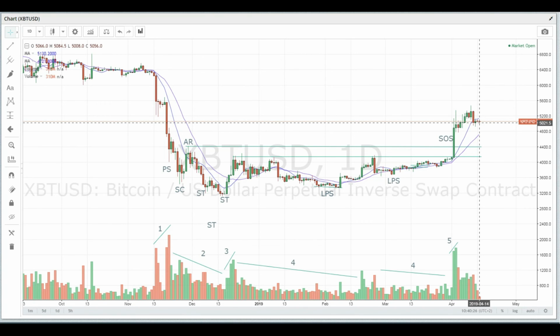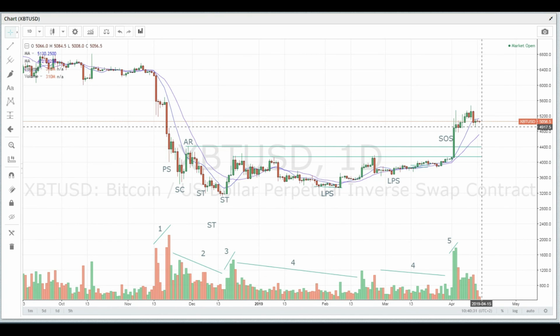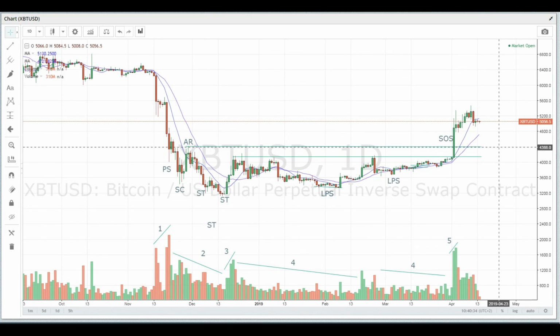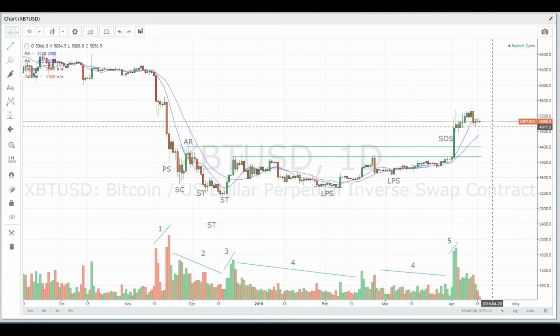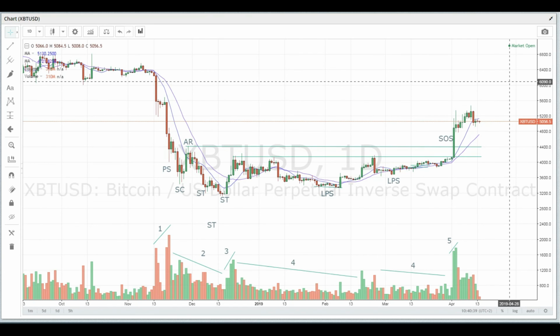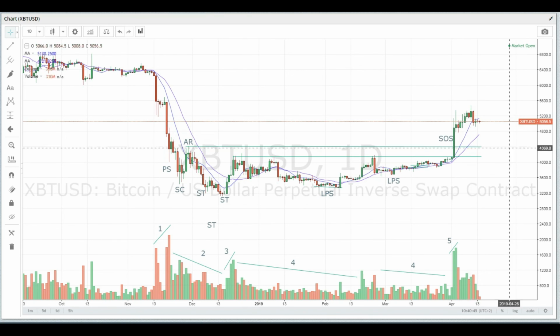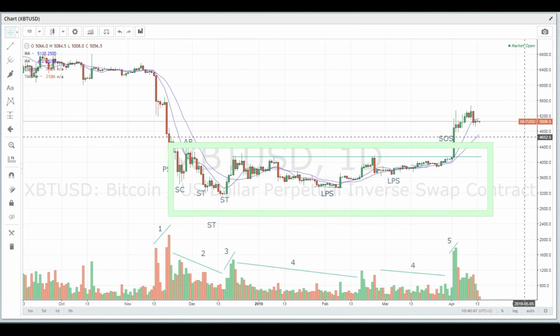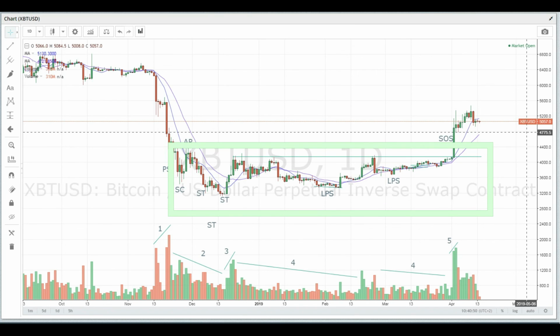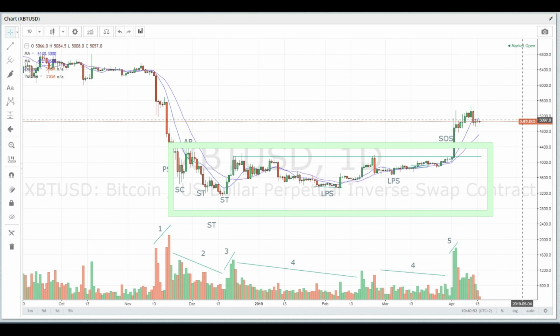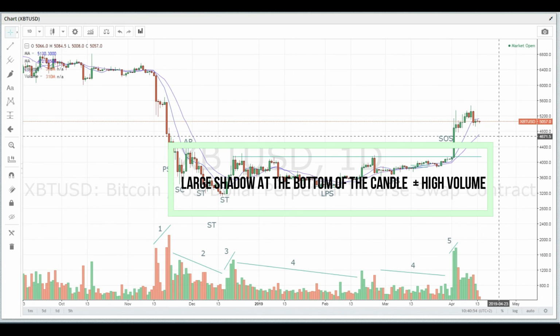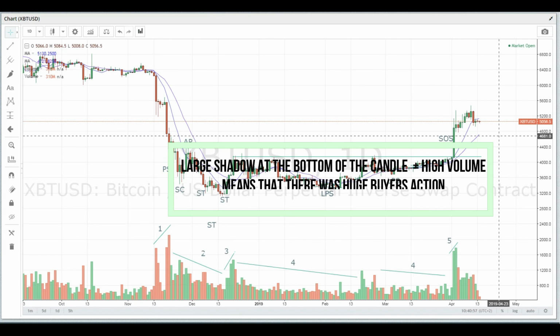Maybe there will not be another backward move. Maybe we go straight to around 6k, and after that we may go back to the area of 4,000, maybe 5,000. We just have to observe the volume, and I think that we have to move to a lower time frame for that.